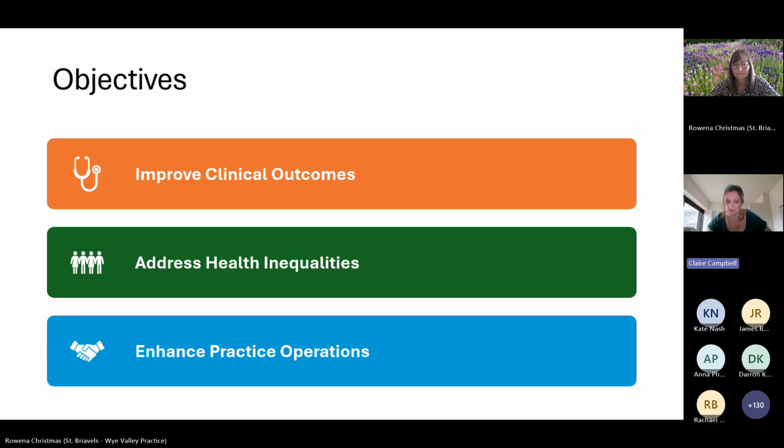So moving on to our objectives, we want to improve clinical outcomes, reducing morbidity and mortality by enhancing relational continuity of care, focusing on preventative and value-based healthcare approaches. We'd like to address health inequalities, prioritising relational continuity for the vulnerable populations, including those with complex needs, to reduce disparities in healthcare across healthcare access and outcomes.